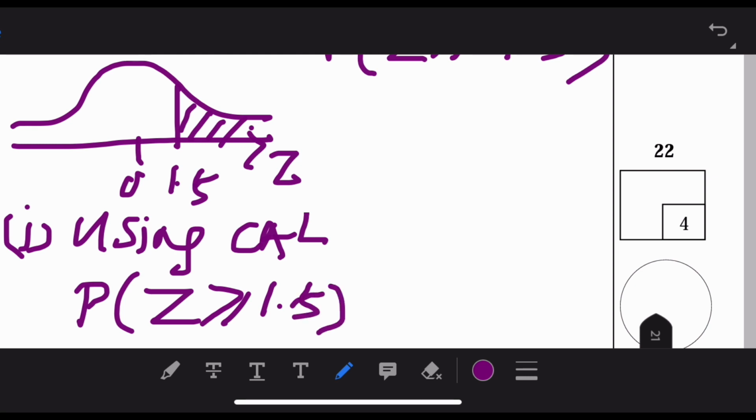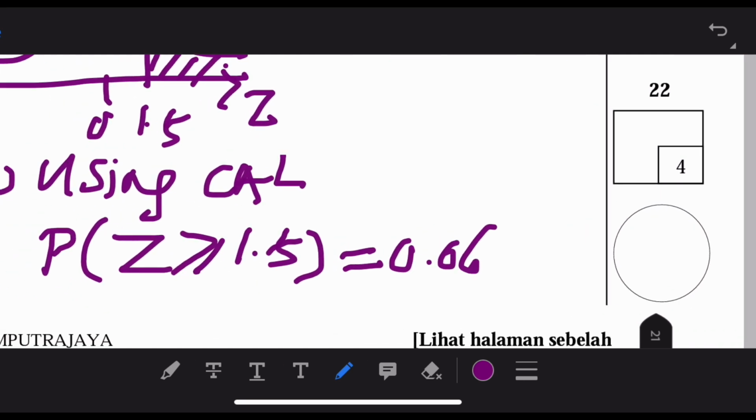So now P(z more than or equal to 1.5) is equal to 0.06681, right? Do you know how to get this answer from your calculator?